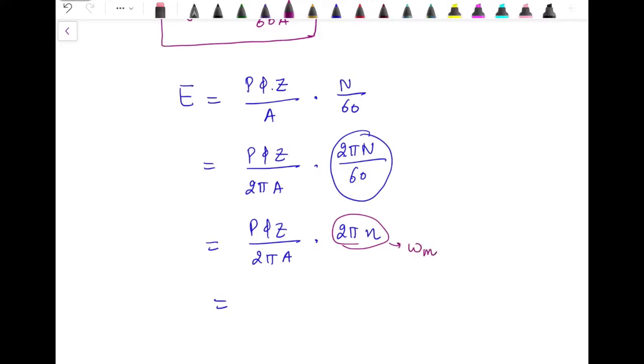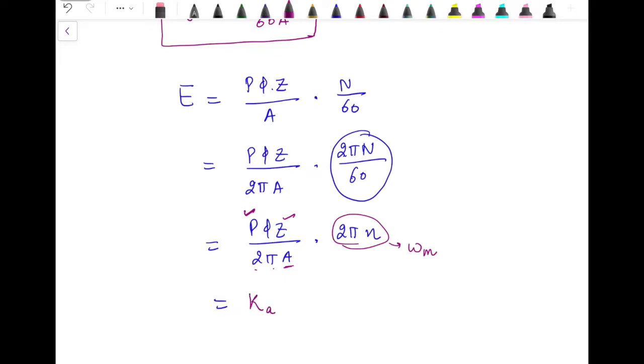In this equation, P, Z, 2 pi and A will remain constant, since once a machine is designed, the number of poles, the number of parallel paths and the number of conductors will remain the same, and 2 pi is constant.